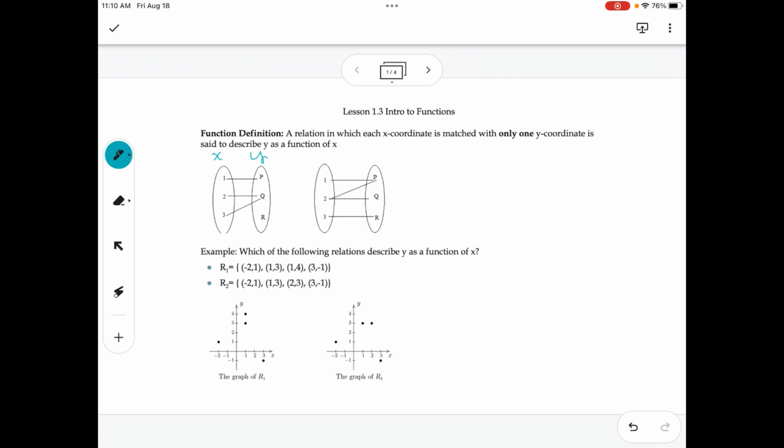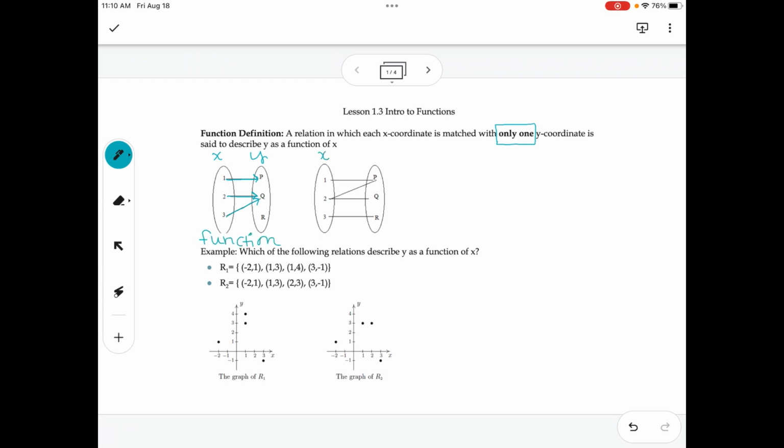We're looking to determine whether each x coordinate is contained with only one y coordinate. So each x coordinate goes to exactly one y value. So this is a function.